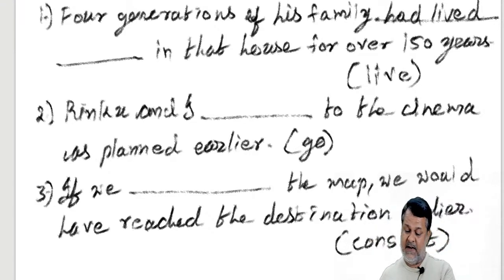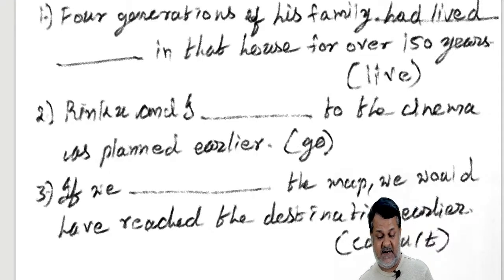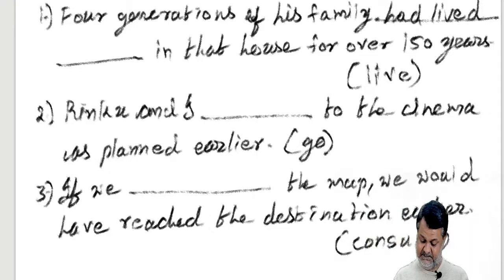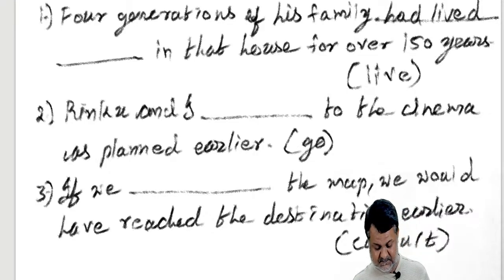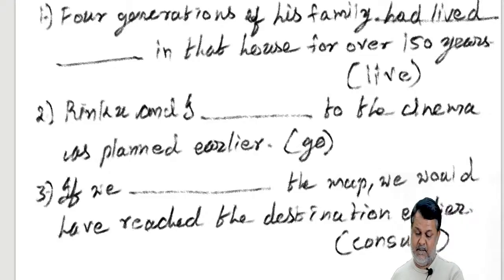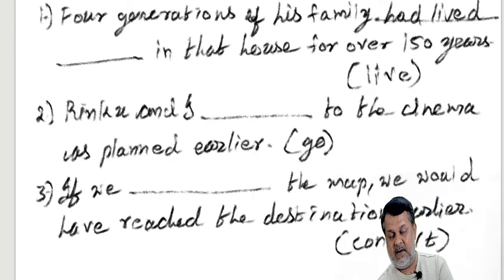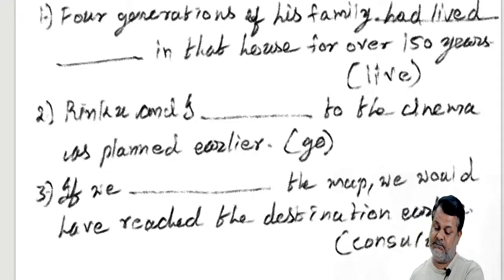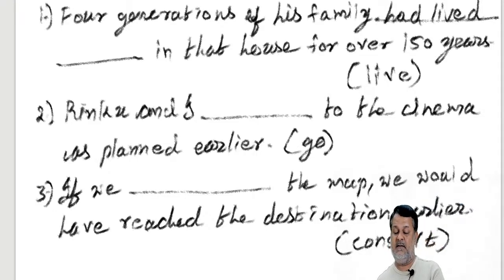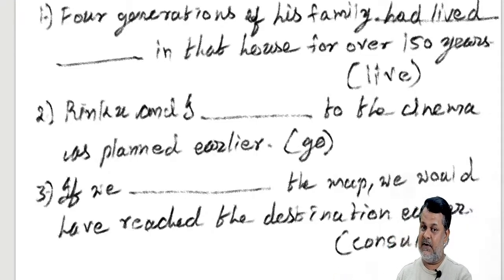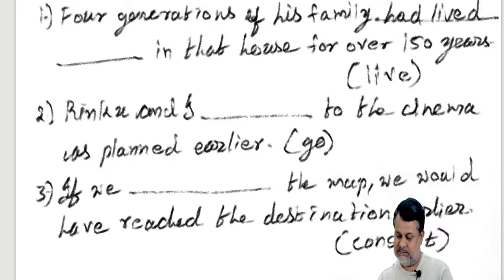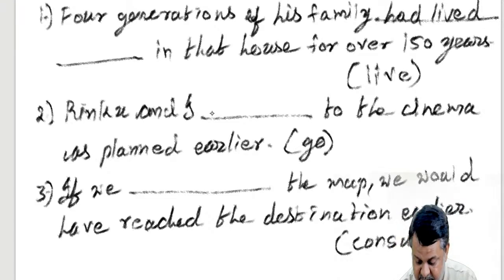Now, Rinku and I dash to the cinema as planned earlier. The correct tense of the word go. Something which was planned before, and what is going to happen? Are going.